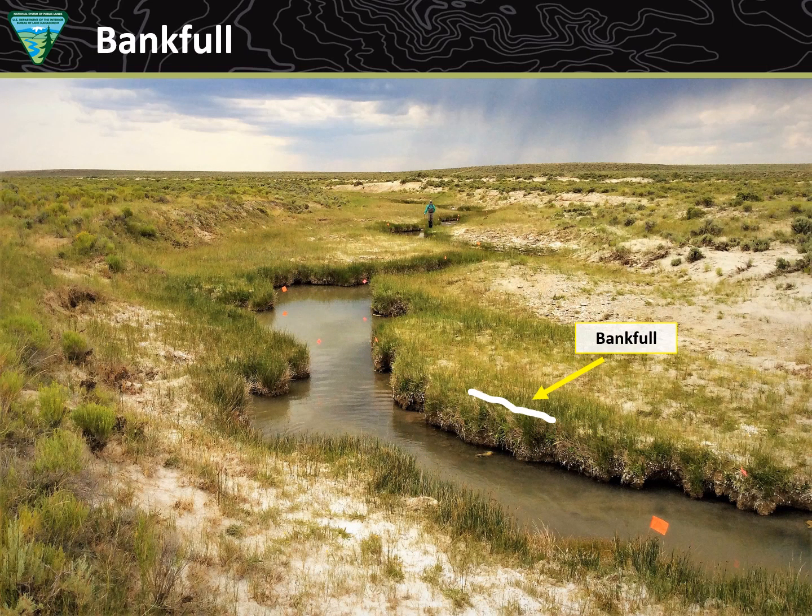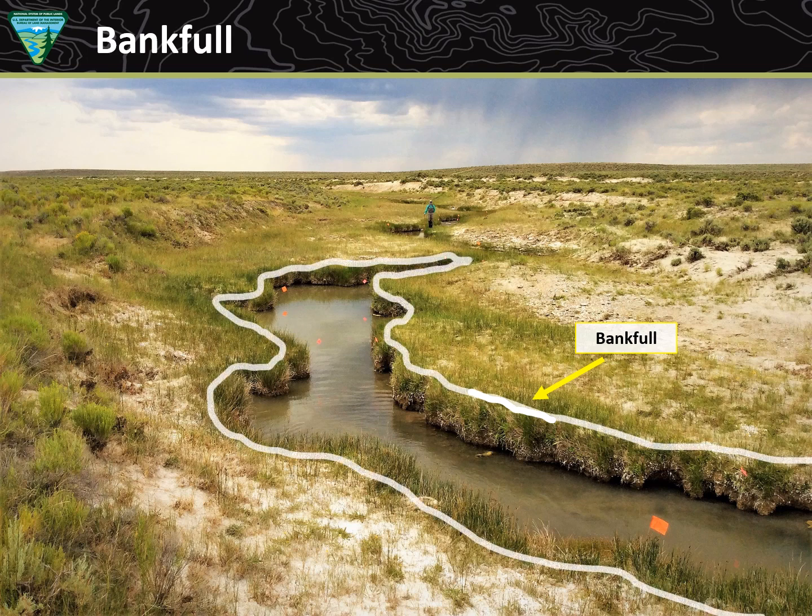Bankfull is at a relatively consistent elevation in stream and river systems, and will occur at about the same elevation throughout a reach. There are several characteristics that can be used to correctly identify Bankfull, and they are located on page 9 in the TR 1735-2 Field Protocol.